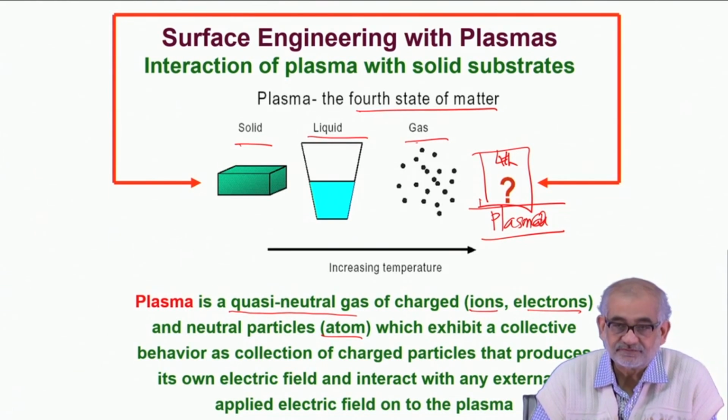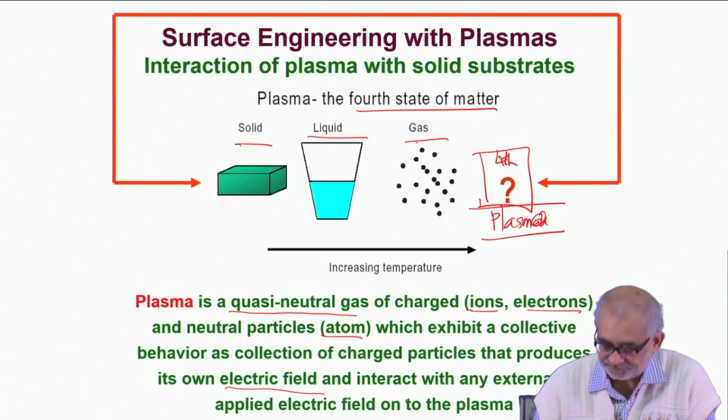So a combination of the ions, cations or anions, and electrons and the atoms in a metastable equilibrium state is called plasma. Now, in order to create the plasma, we excite through application of an electric field, and this electric field also can interact with the species inside.